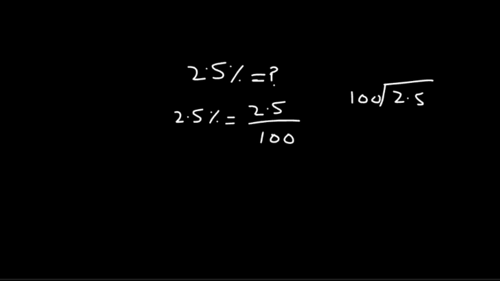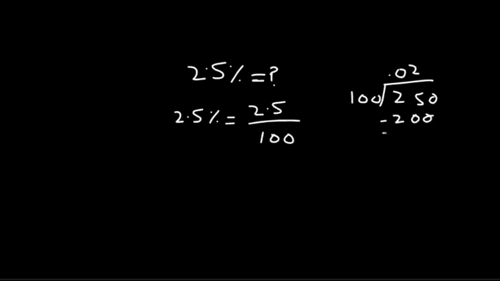We put a decimal point and it will become 0 also. So it will become 250. Now we know that 100 times 2 is equal to 200.